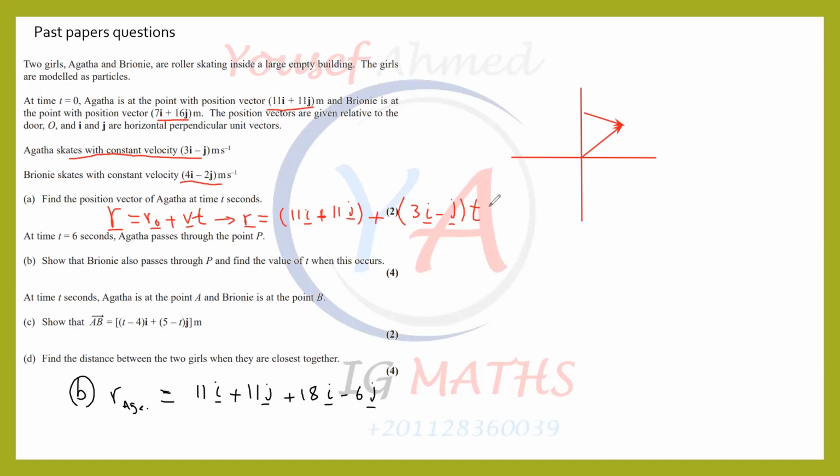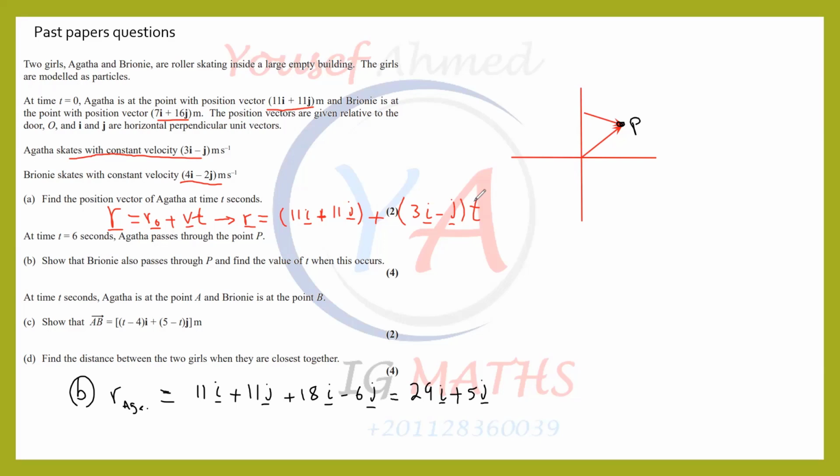So I replaced the time by 6 here. Now you can collect the i components and j components together, so it's going to be 29i plus 5j. This is the position vector for the point P, where they will meet.